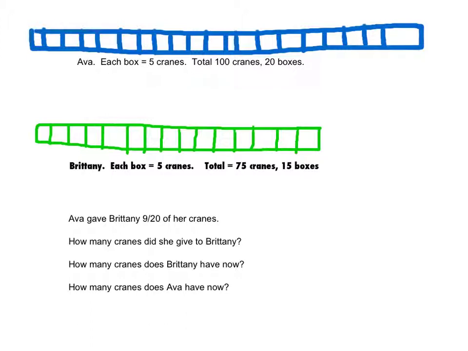Now, we need to remember that Ava gave Brittany 9/20 of her cranes. How many cranes did she give to Brittany? Let's go ahead and mark off 9 of Ava's boxes. 1, 2, 3, 4, 5, 6, 7, 8, 9. 9 times 5 is 45.